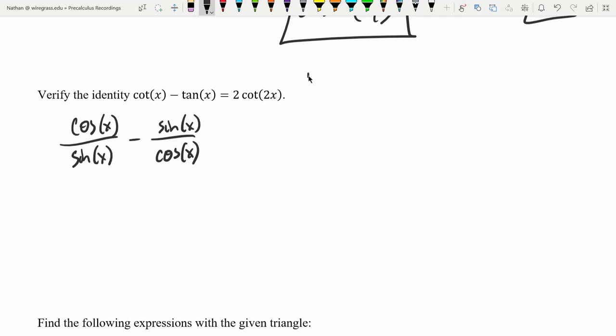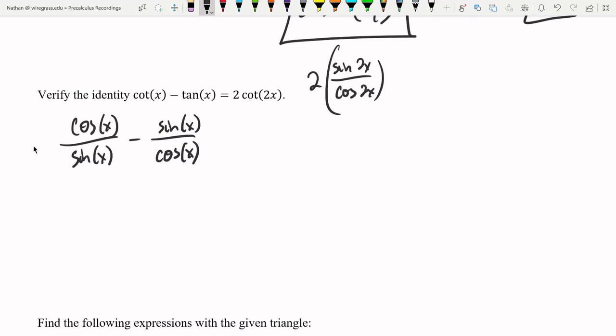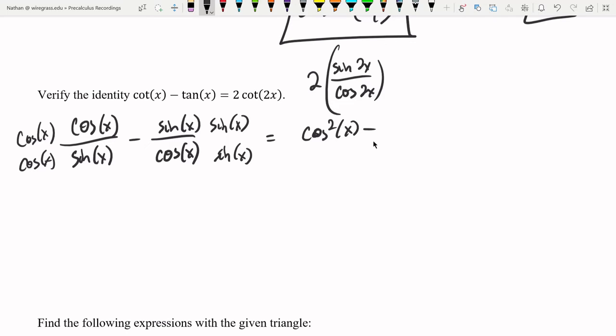This should look like 2, let's say, sine 2x over cosine 2x. That's what I'm expecting to find. Okay, now let's get common denominators. So we're going to multiply by cosine x and sine x. That's going to give me cosine squared x minus sine squared x on top over sine x cosine x on the bottom.